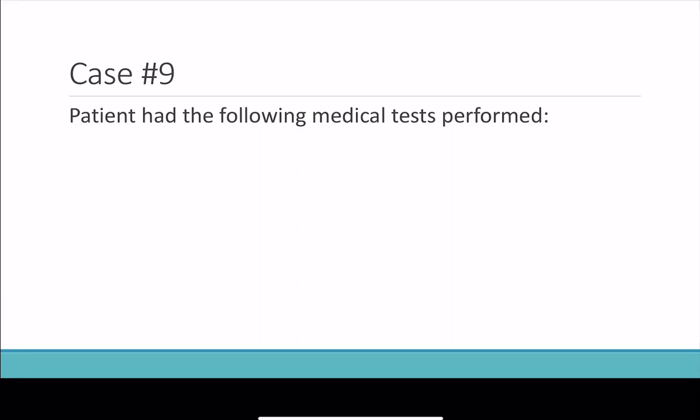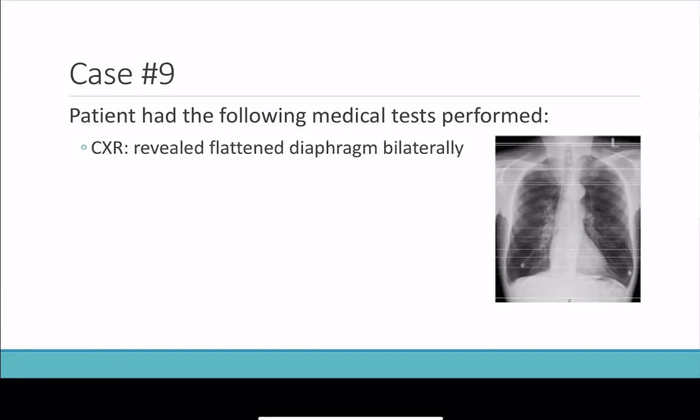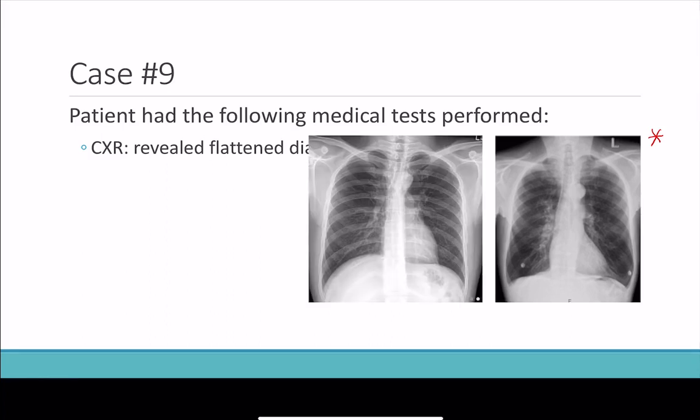So these were the tests that they performed on this patient upon his admission. They did a chest x-ray, and as you can see written on the slide, it says the chest x-ray revealed that the diaphragm was flattened in both directions, which you can see here in the chest x-ray. I want to make sure that you can tell that it's flattened, so let's compare it to normal. Take a look at the normal dome of the diaphragm.